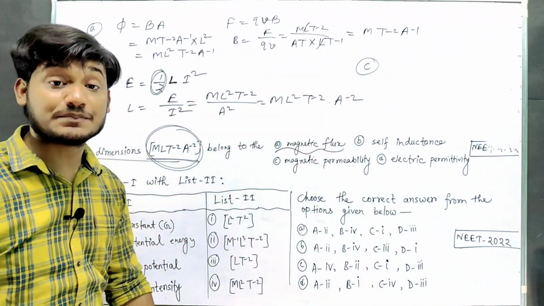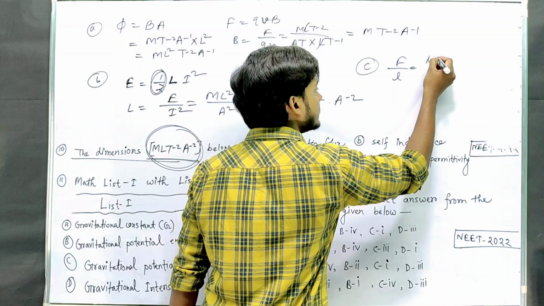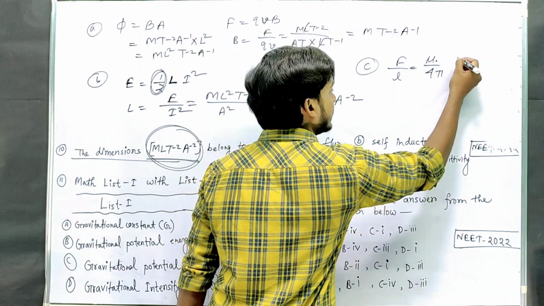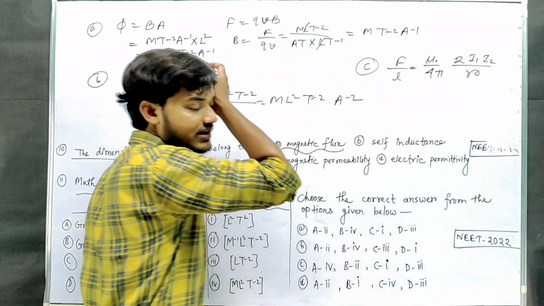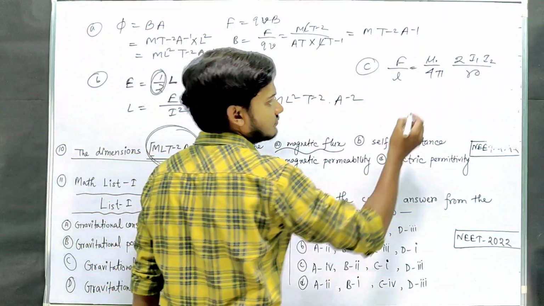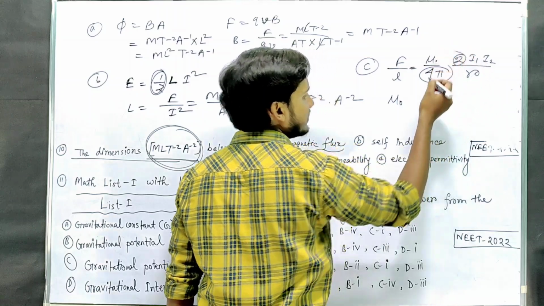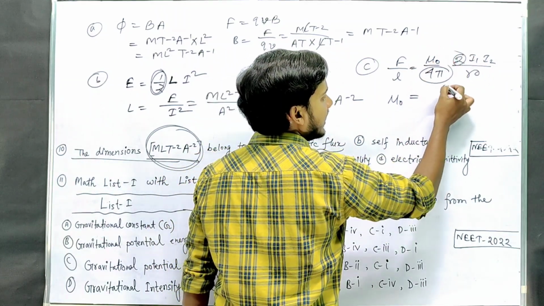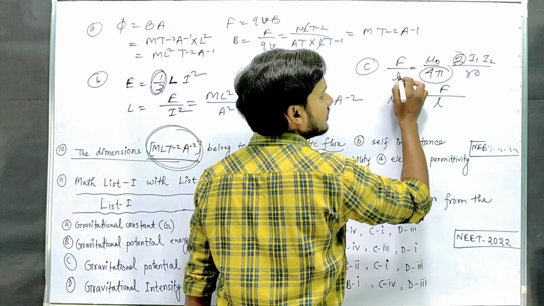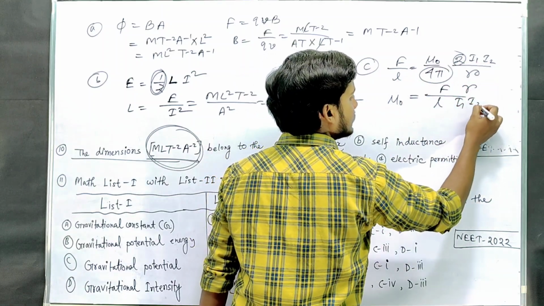C equals magnetic permeability. We know force per unit length equals mu naught by 4 pi into 2 I1 I2 by R. Okay, this is the relation. So mu naught equals mu naught F by L into R by I1 I2.